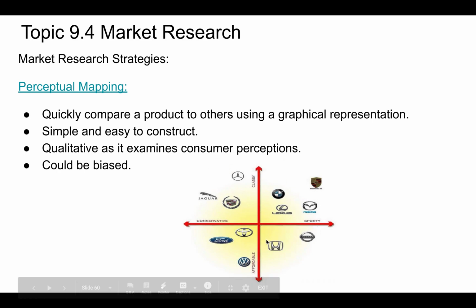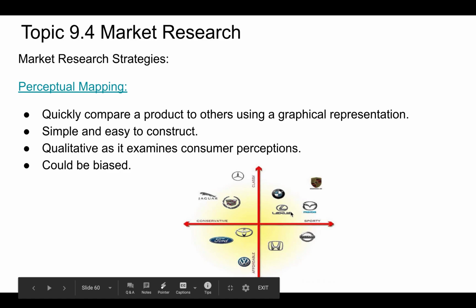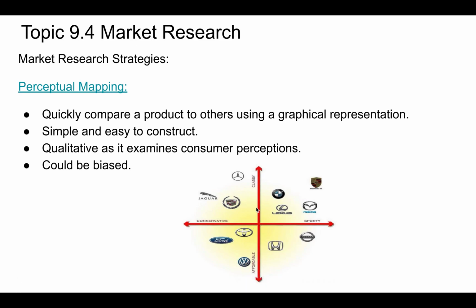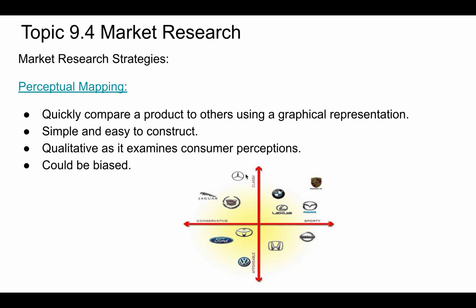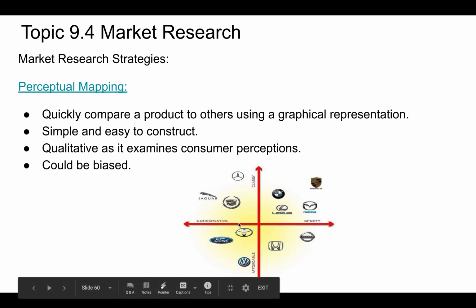And then you have people drop their perceptions of different brands or products on this axis and plot them. So do people find Mercedes-Benz more classy or more affordable? Okay, well, it seems like they're on the more classy end. Do they find Porsche to be more sporty or more conservative? Right? So you would plot all of these on here.